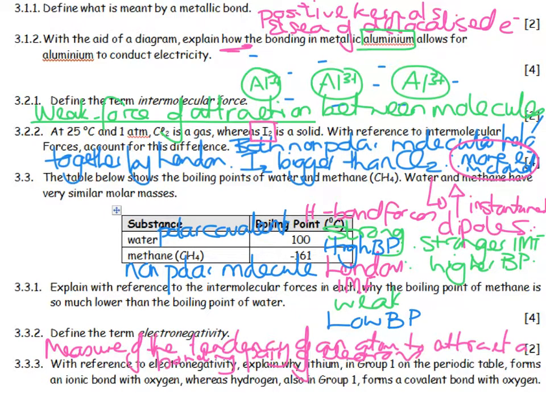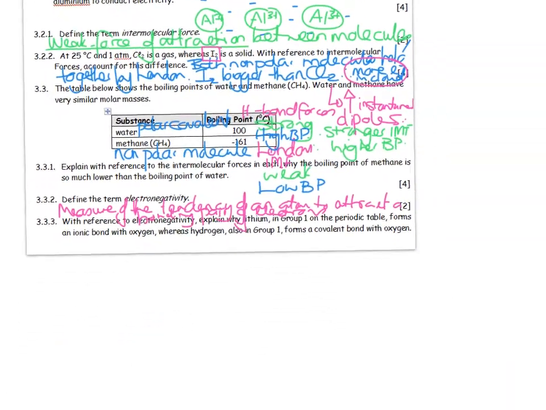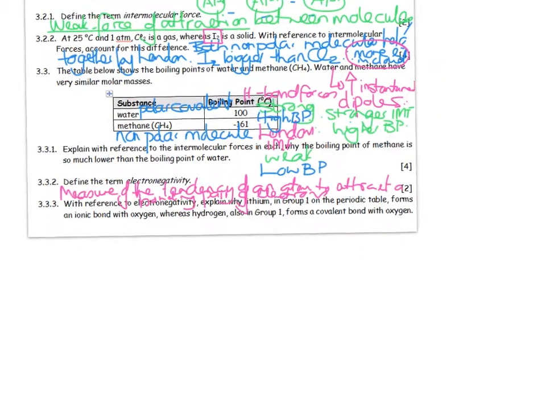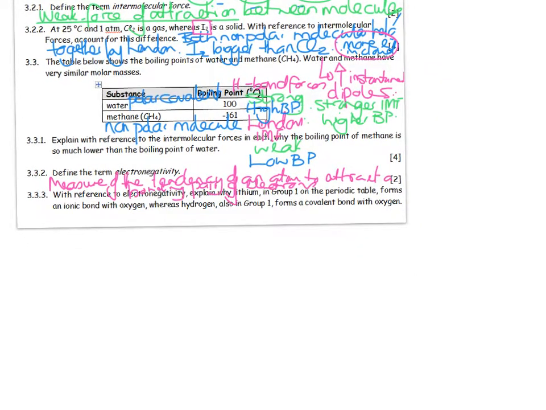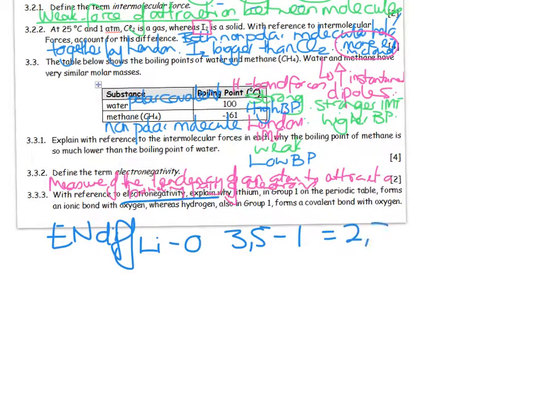With reference to electronegativity, explain why lithium in group 1 on the periodic table forms an ionic bond with oxygen, whereas hydrogen, also in group 1, is covalent. It was nice enough to say one's a metal, one's a non-metal, but they did say you had to use electronegativity. So the EN difference, and it's not just the electronegativity, it's the difference that becomes important between lithium and oxygen, is going to be 3,5 minus 1, which is equal to 2,5.